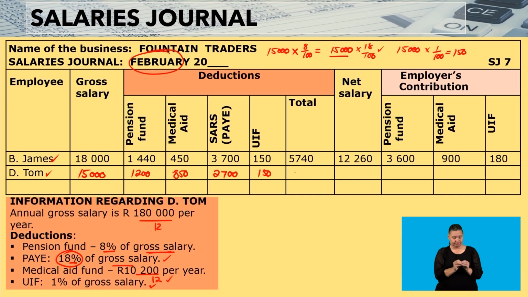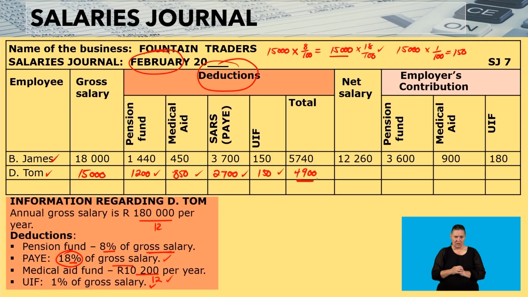Total, I need to add everything. So I will now say my 1,200 plus 850 plus 2,700 plus 150. It will give me 4,900. That becomes my total. Total what? Total deductions.